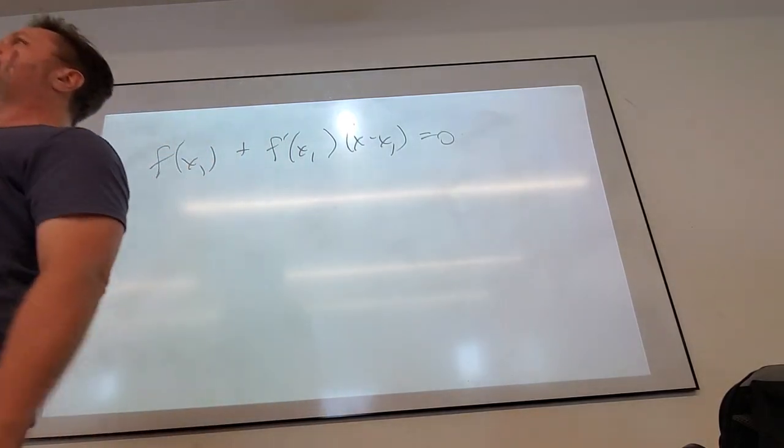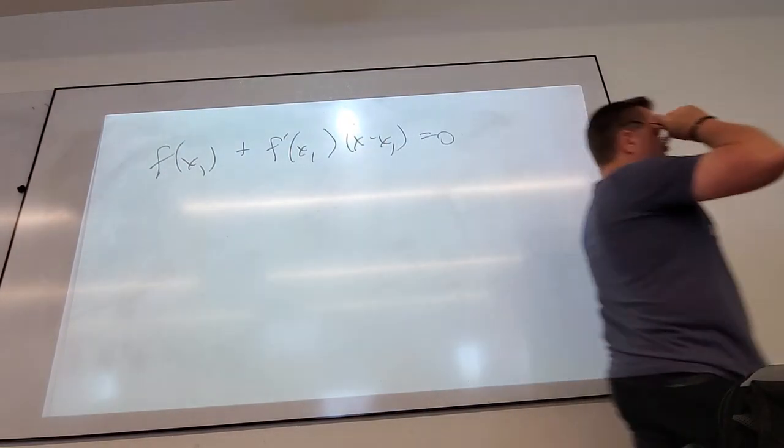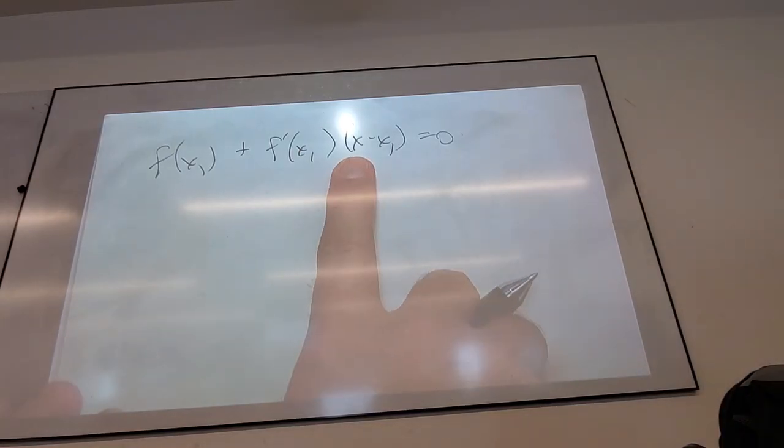What answer? How do I get the answer? What am I going to solve for? What's the only thing up there that's unknown? X. I know x1, I know f of x1, I know f prime of x1. If I had a function, I could know all that. The only thing I don't know is x. What actually makes this thing 0? How do I solve for x?